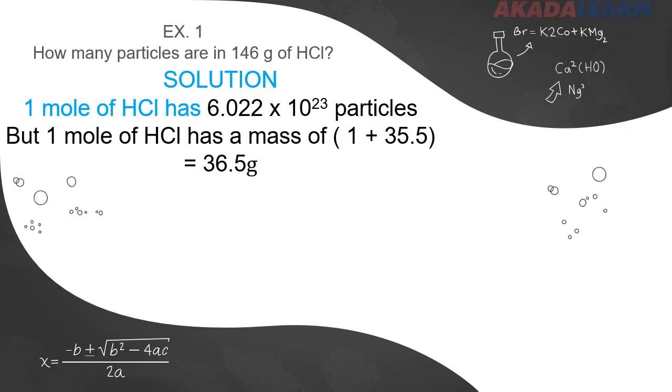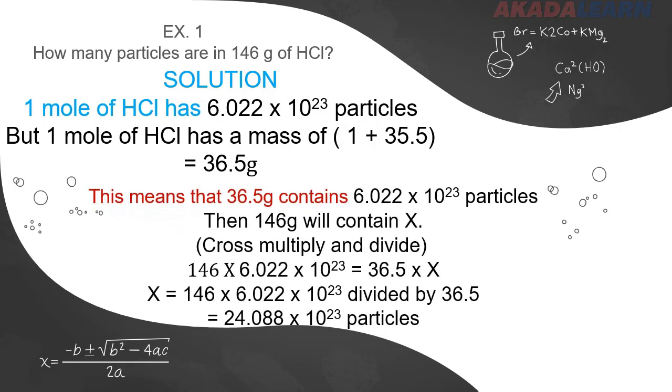Now, that 36.5 grams has a total of 6.022 times 10 to the power 23 particles. This now means that if we take just 36.5 grams, that's the number of particles we have, the Avogadro's number. Then 146 grams will now contain X, an unknown number.